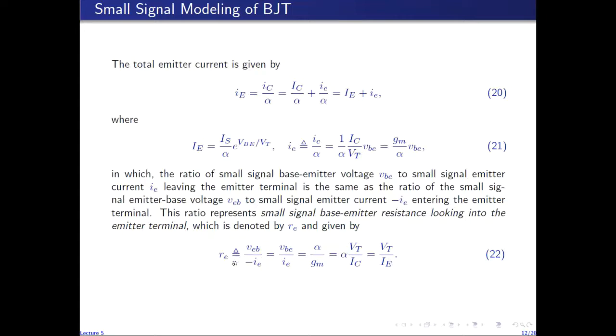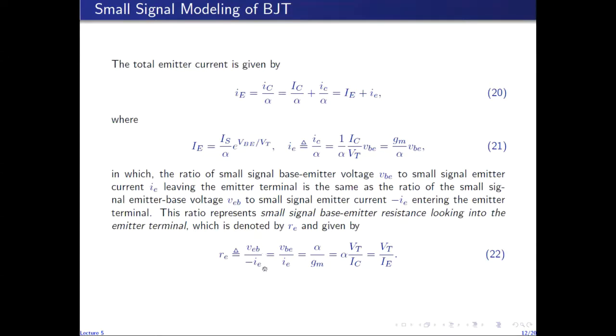So this resistance is denoted by small RE. This is again a small signal AC parameter of the device and is called small signal base emitter resistance looking into the emitter.